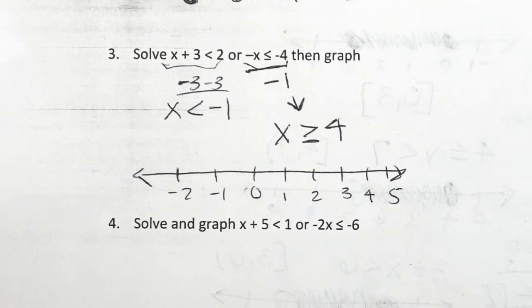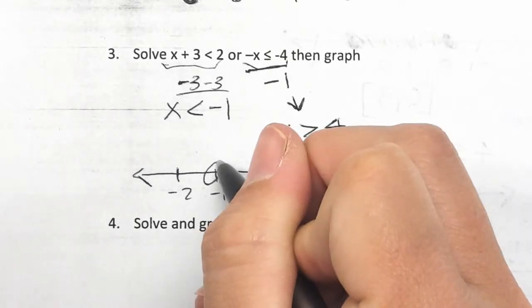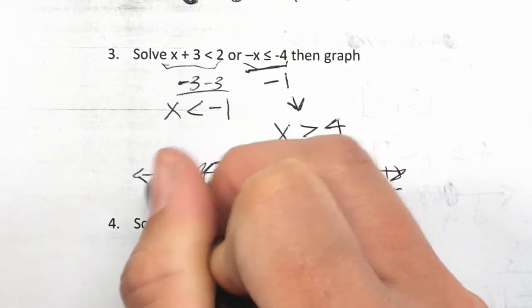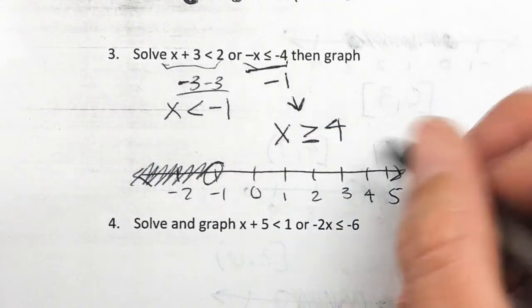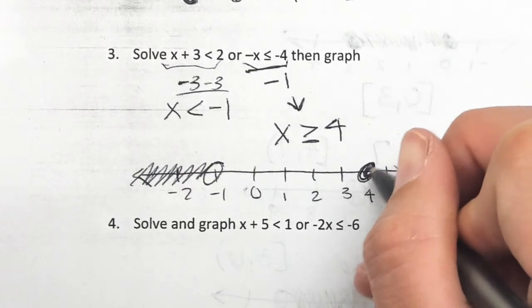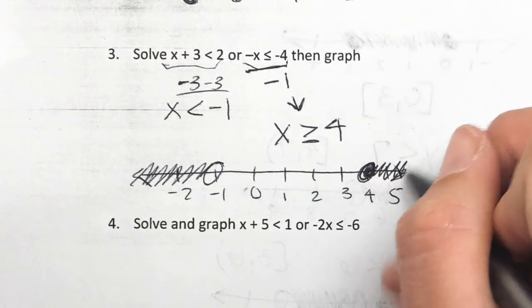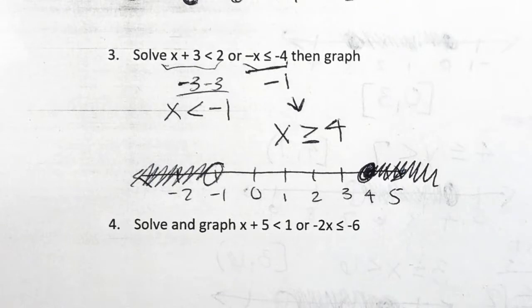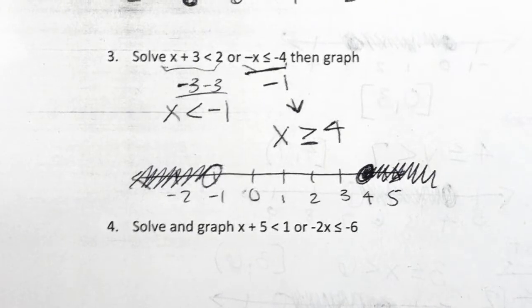Alright, open or closed on negative 1? Left or right? Good. Open or closed? And good. Alright. Somebody tell me what the interval notation would be.